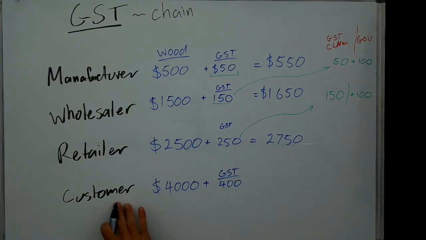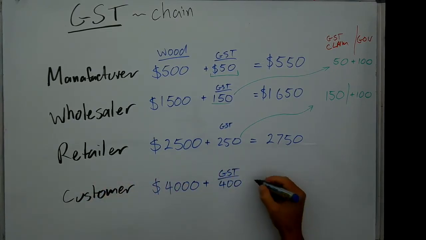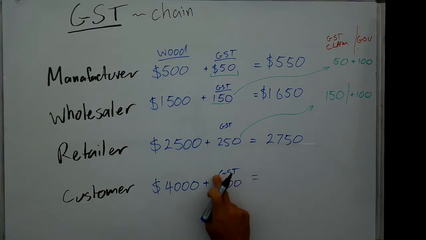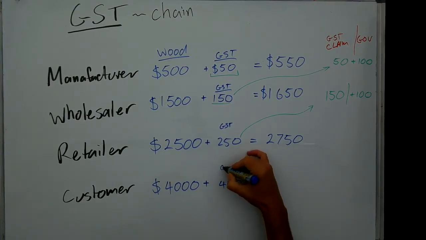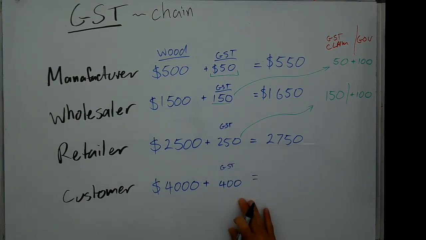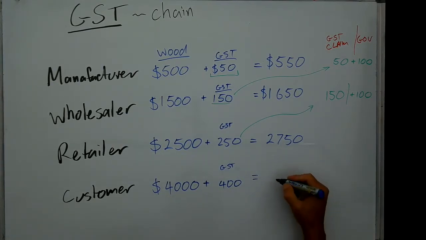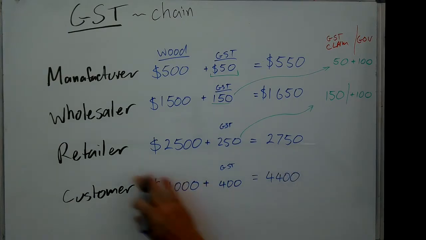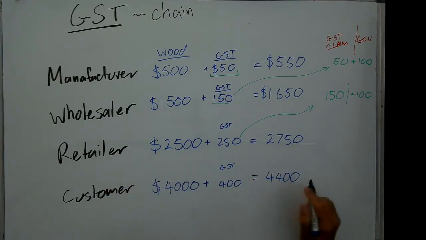Once all the tables have been sold, the retailer has $4,000 plus the GST. So the retailer has received this in total.